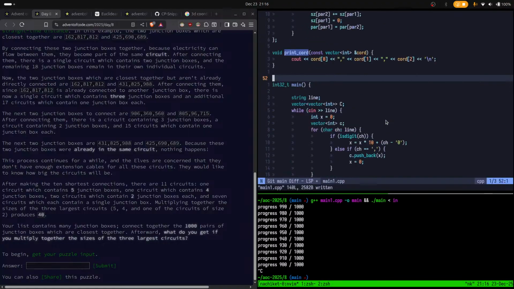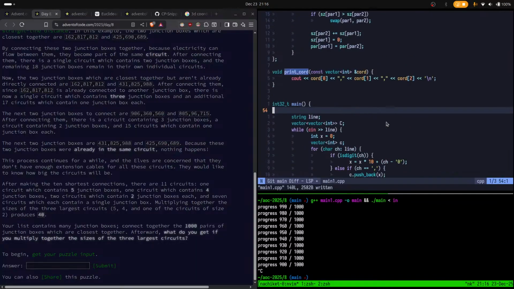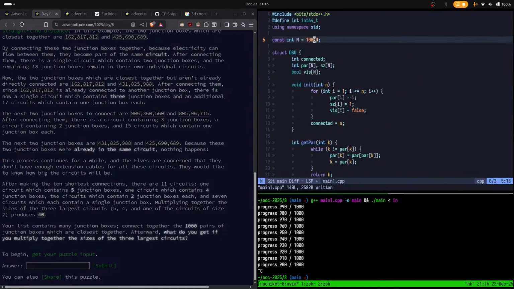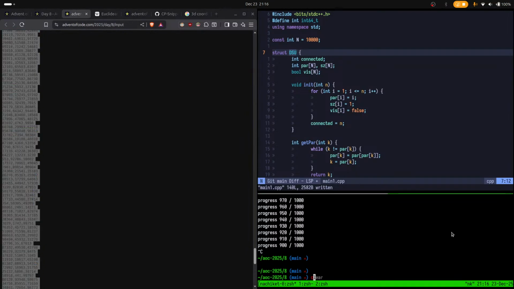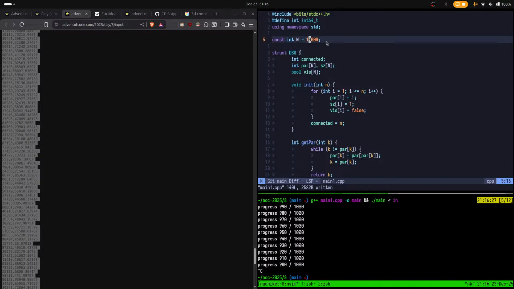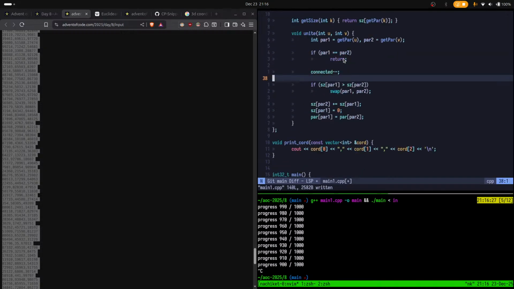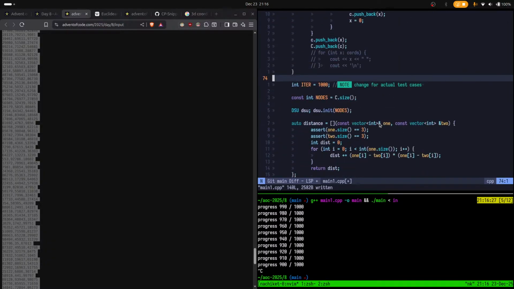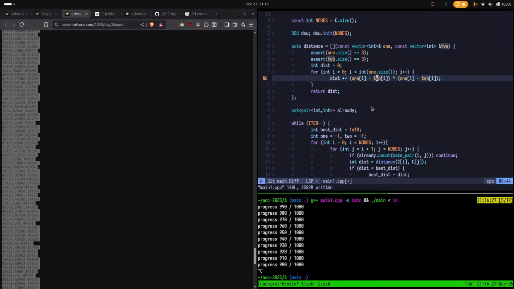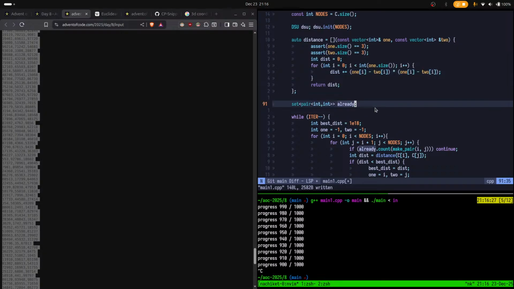Optimize DSU. And try to remove the dependency.